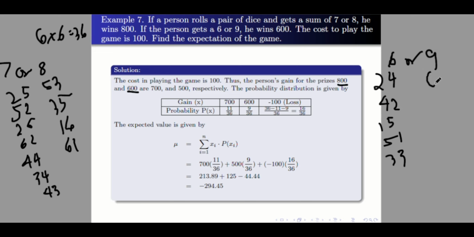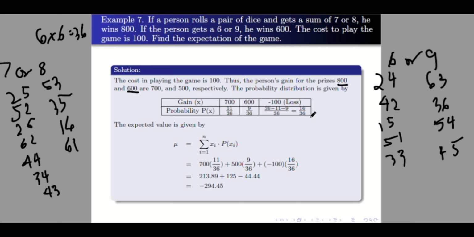For 9, we can have 6, 3, 3, 6. We can also have 5 and 4, and 4 and 5. So we have 1, 2, 3, 4, 5, 6, 7, 8, 9. So that is why we have 9 over 36.